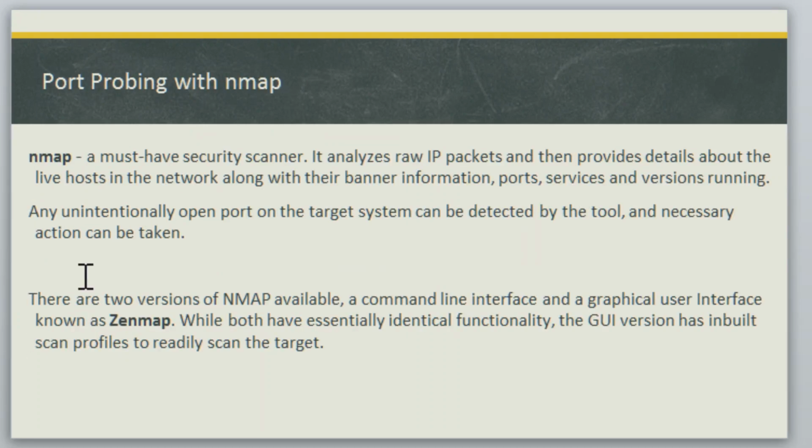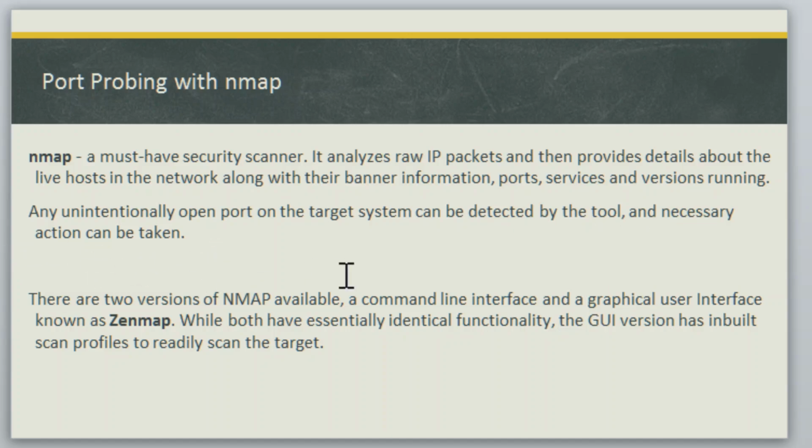We talked about port probing and port knocking a little bit earlier, but let's talk about port probing with Nmap. Nmap is a must-have security scanner. It analyzes raw IP packets and then provides details about the live host and the network, along with their banner information, ports, services, and versions running. Any unintentional open port on the target system can be detected by the tool and necessary actions can be taken.